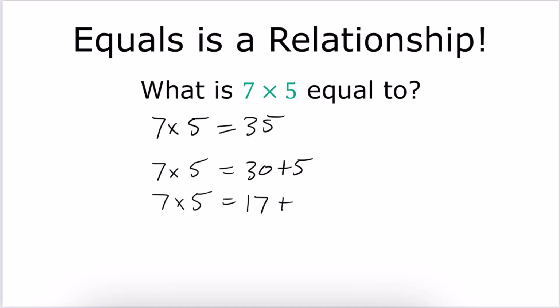I think that would be, oh my goodness, 18, I think. Pretty sure that equals 35. But as long as it does equal 35, then that would also be a true statement.